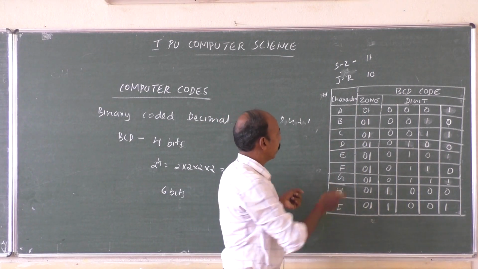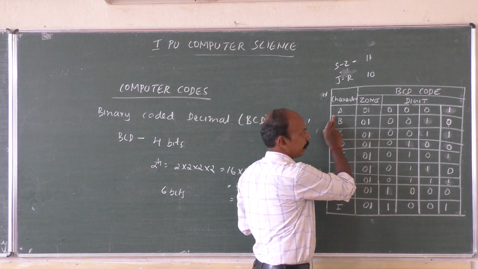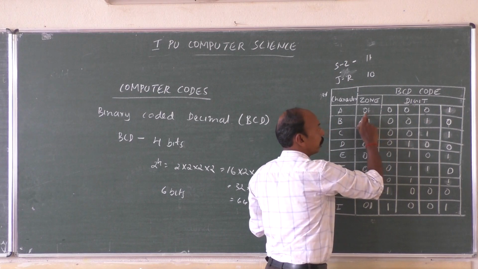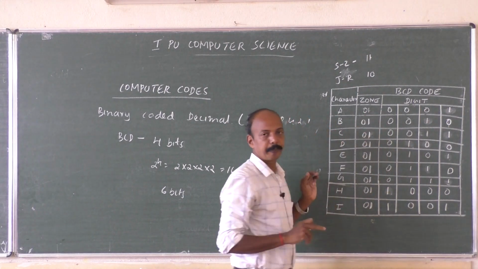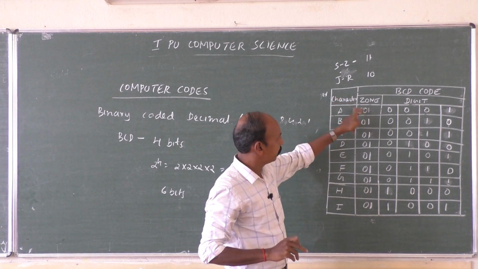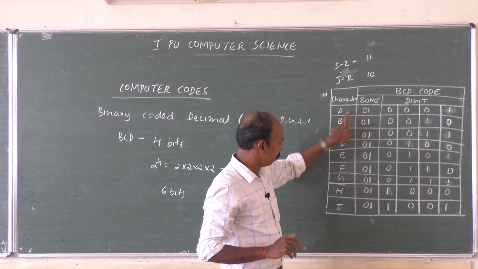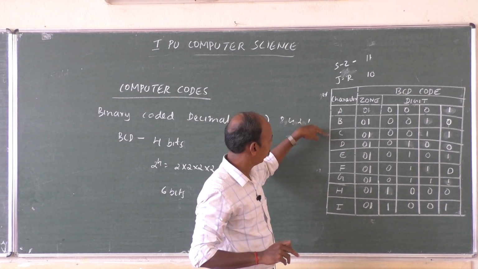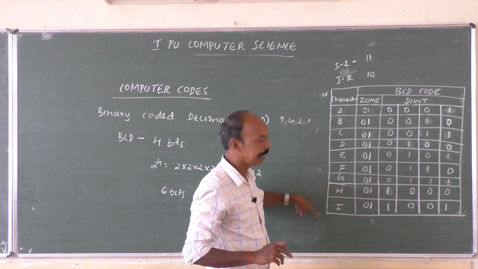For example, if we want to represent A, that will be 0 0 0 1, and the zone bit will be 0 1. One thing that you can note here, the zone bit is 0 1 from A to I. How many combinations are there? 9, right? 1 2 3 4 5 6 7 8 9.